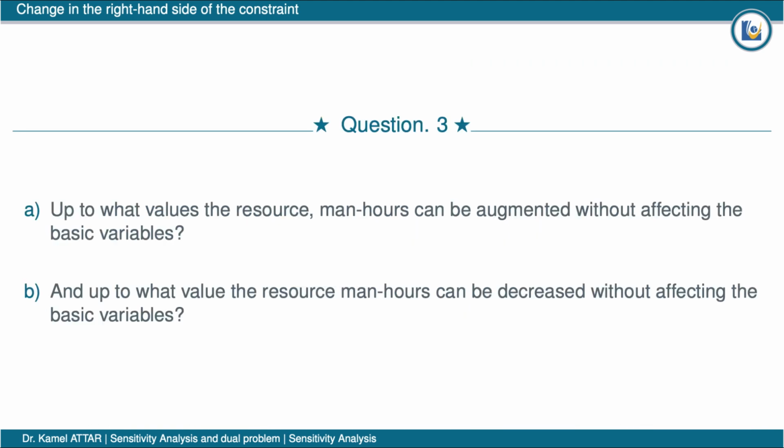Now, question number 3: up to what values the resource man-hours can be augmented without affecting the basic variables, and up to what value the resource man-hours can be decreased without affecting the basic variables.